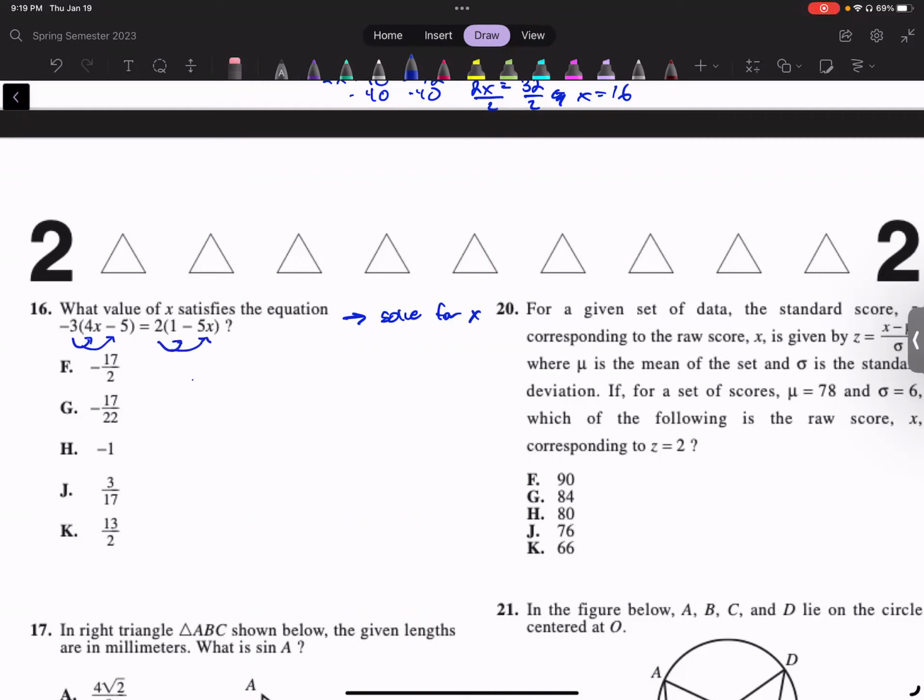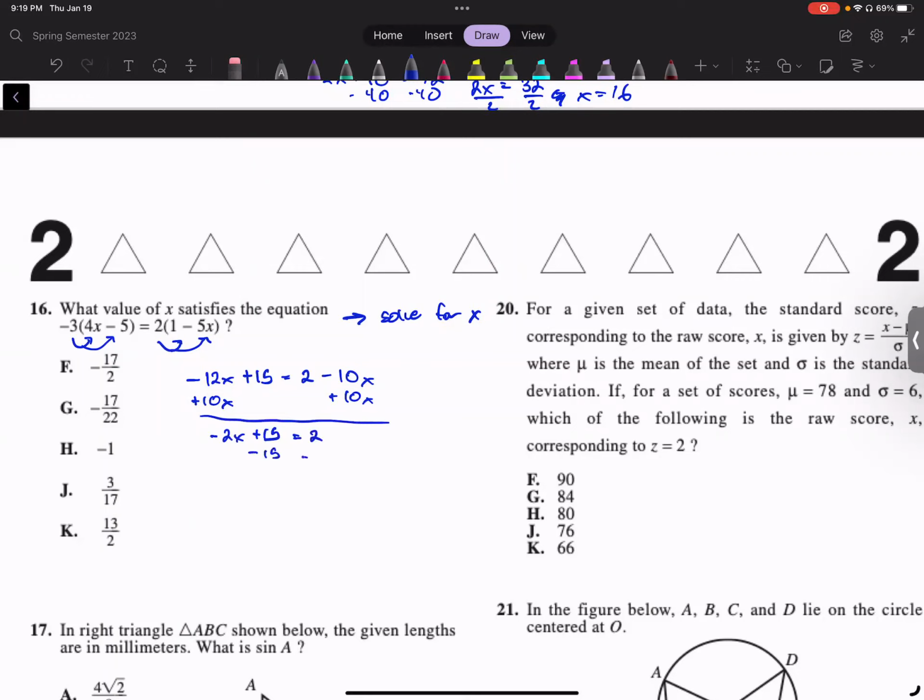So it's negative 3 times 4, which is negative 12x. Negative 3 times negative 5, so we get plus 15. 2 times 1 is what you mean, so it's equal to 2. 2 times negative 5x, we get minus 10x. Add 10x to both sides. We get negative 2x plus 15 equals 2.